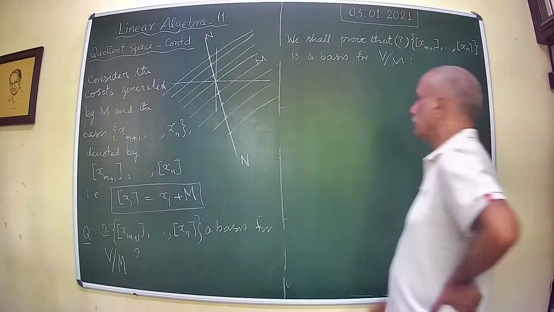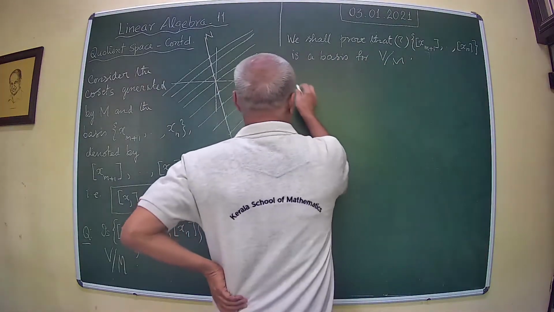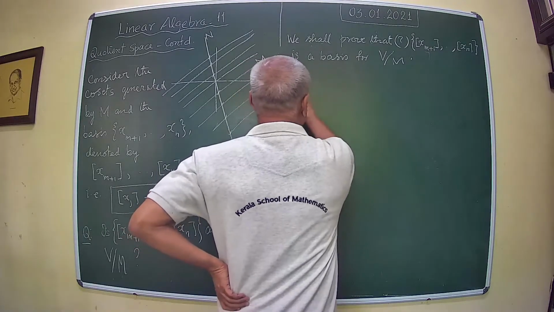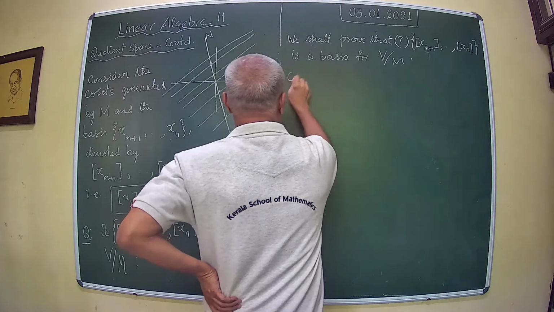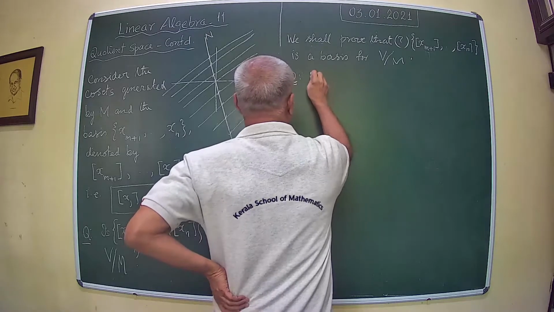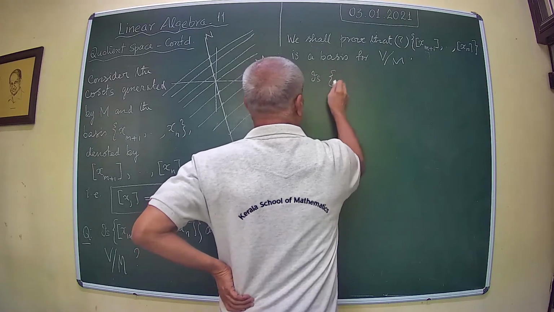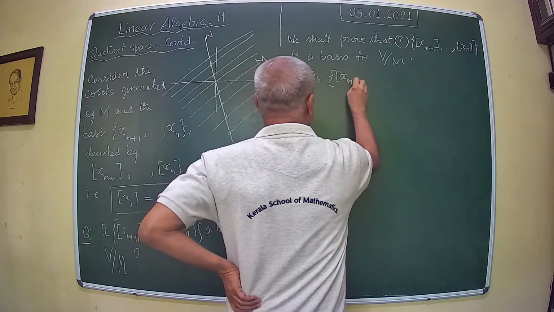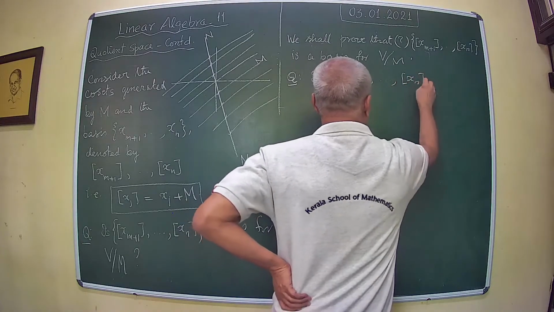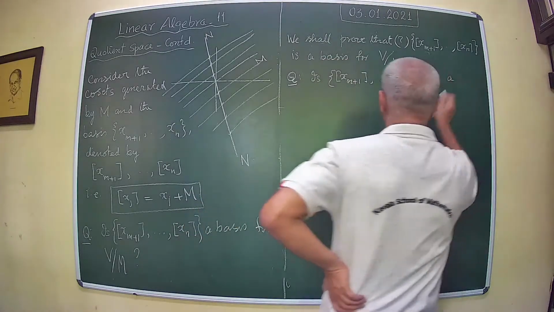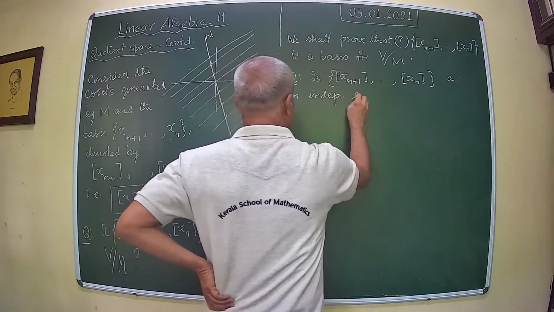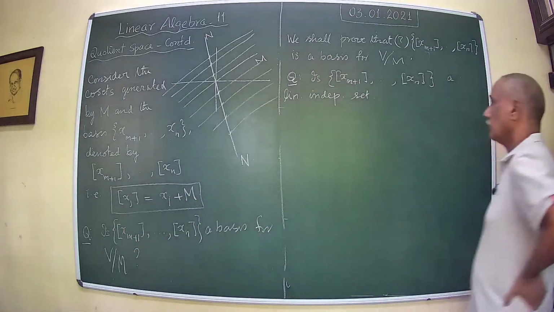So first, do they form a linearly independent set? So the first question is, okay.